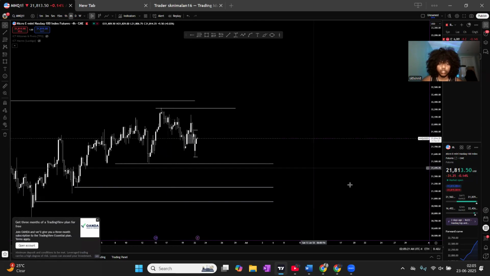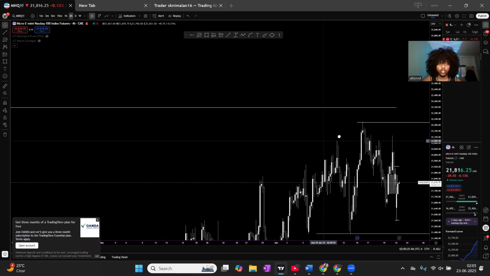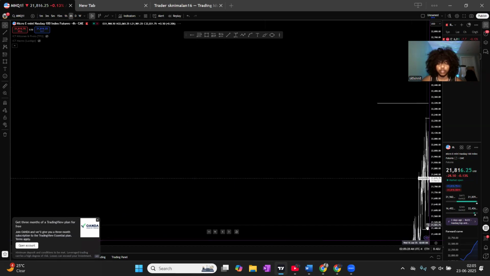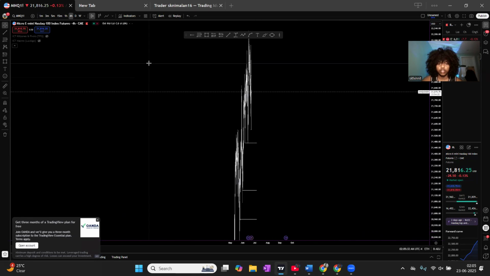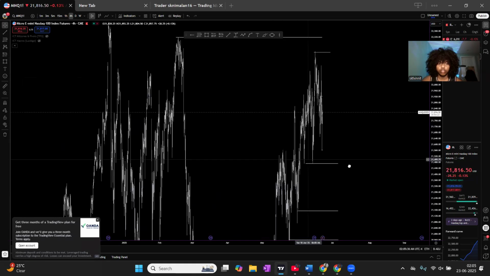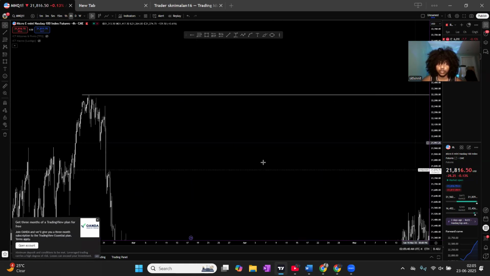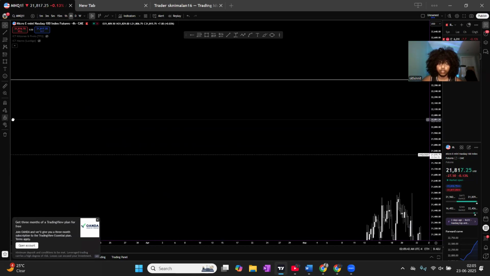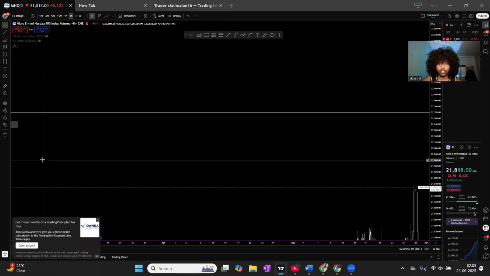Inverse. Literally look. Even if I'm not joking, there'll be a fair value gap here somewhere to the left. I'm not even joking, right? Look, there's a fair value gap, and it's been tested multiple times.